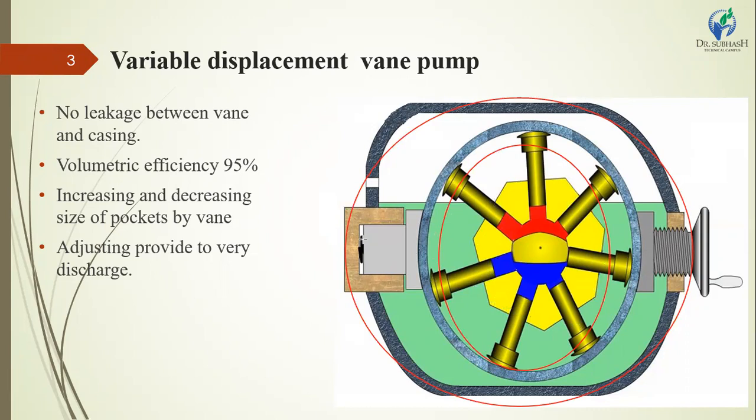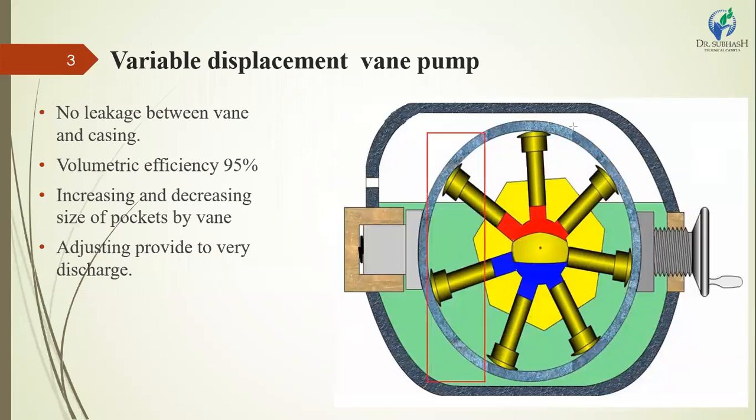As the rotor rotates, the size of the pockets goes on increasing on one side. Consider this side as the left side. Here the volume of this portion is increasing, and on this side the volume is decreasing.